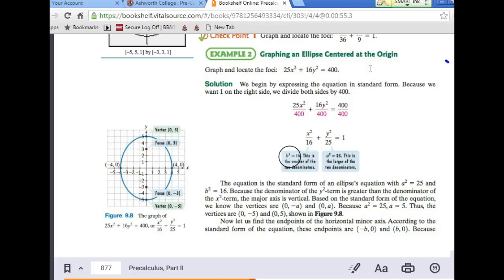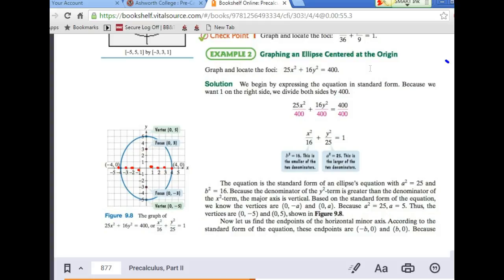Since that's 16 and that represents b squared, I'm going to go 4, because the square root of 16 is 4. So notice they went here 1, 2, 3, 4 to the right, and then they went 1, 2, 3, 4 to the left. And that's where they made their vertices, or their minor axis.